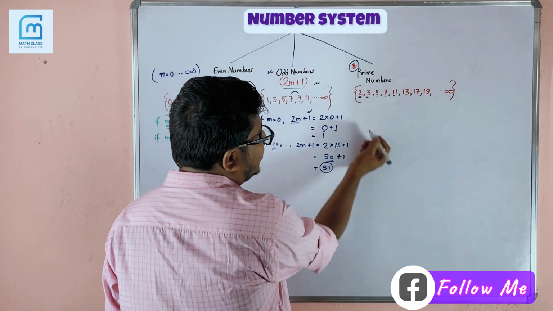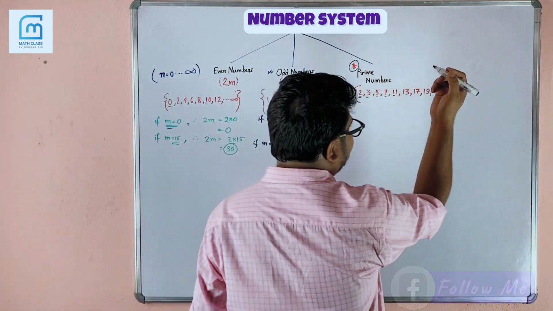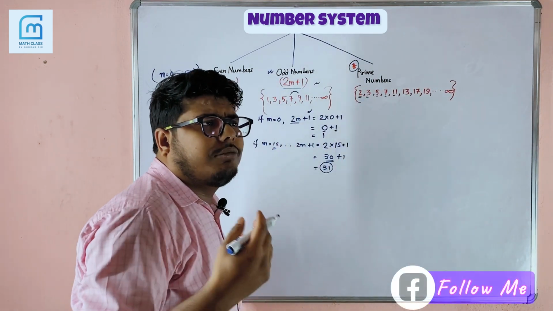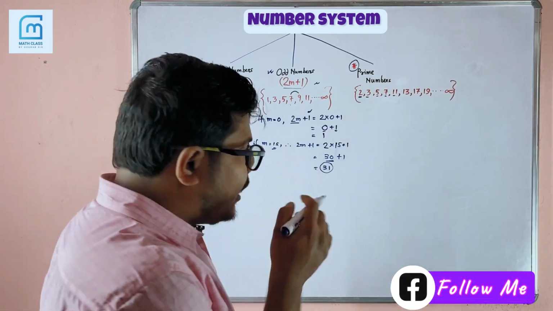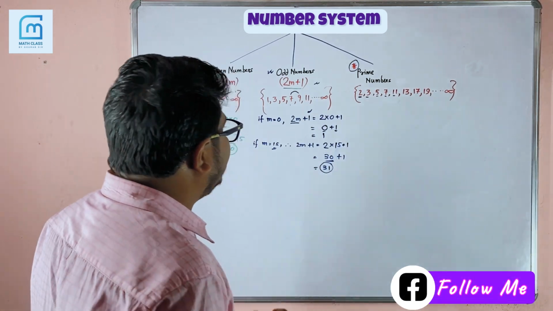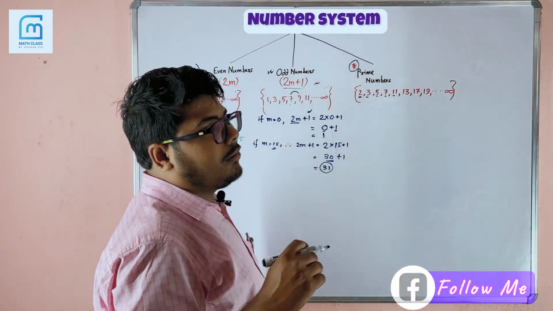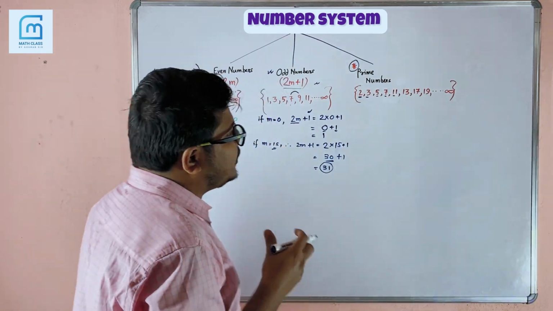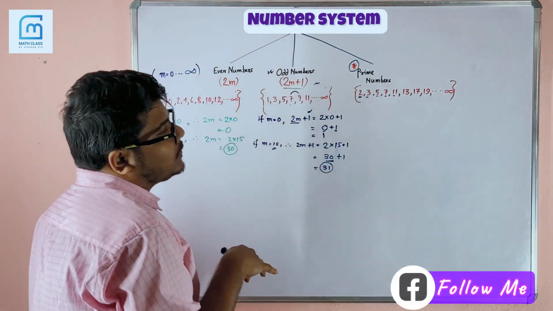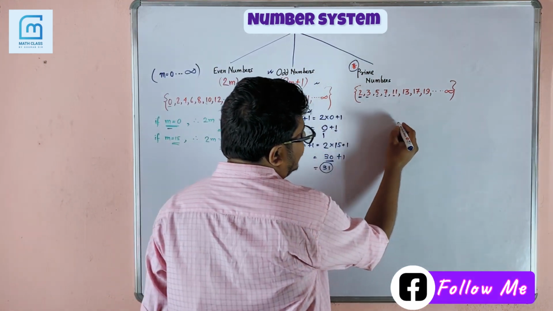So the prime numbers are 2, 3, 5, 7, 11, 13, 17, 19, after that 23, and so on. You have to find the numbers that are not divisible by any number other than themselves and 1. Suppose you have 29.